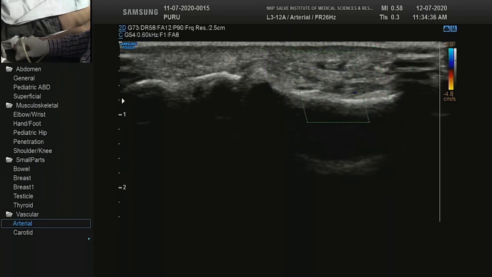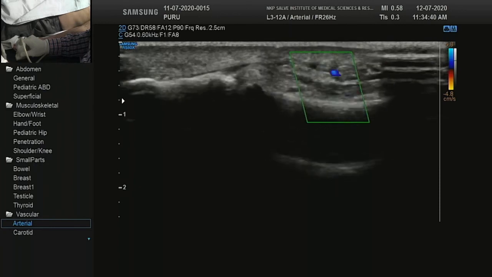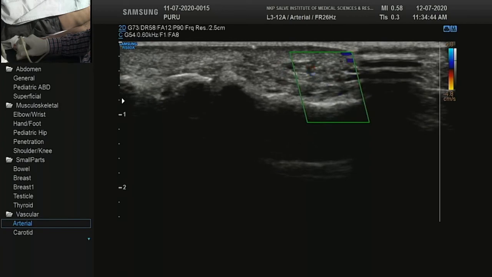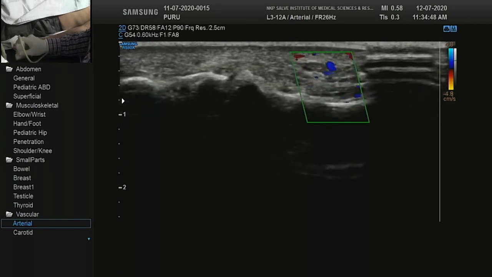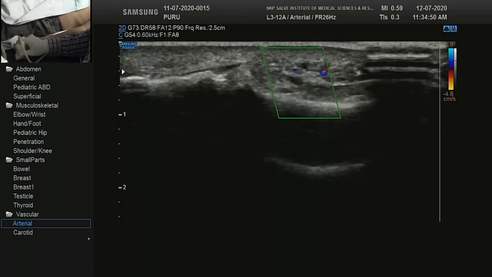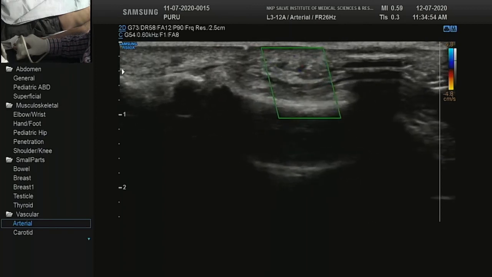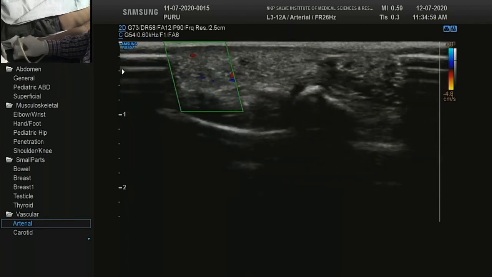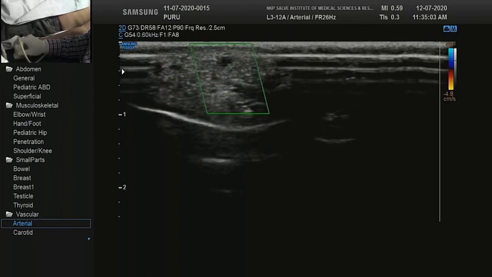Again reduce the width to see it better. Maneuver your probe so that you can pick up that artery. Sometimes in vasculitis you get thrombus in the distal digital arteries. Well, almost at the tip, you can see the artery here.